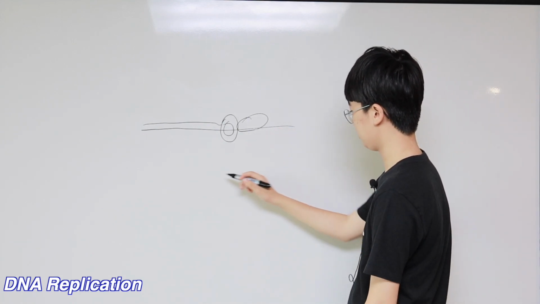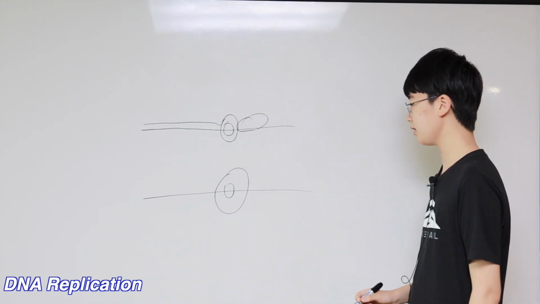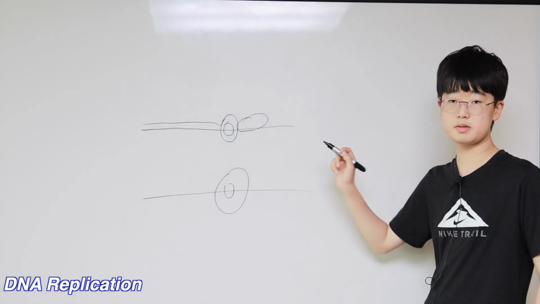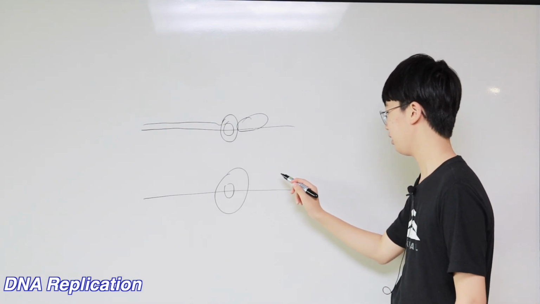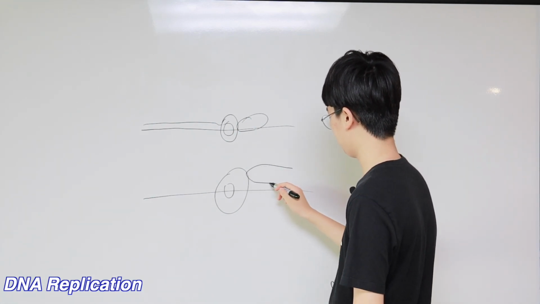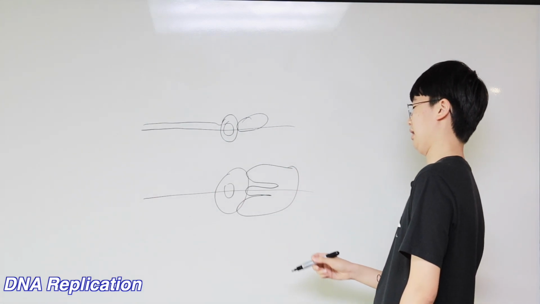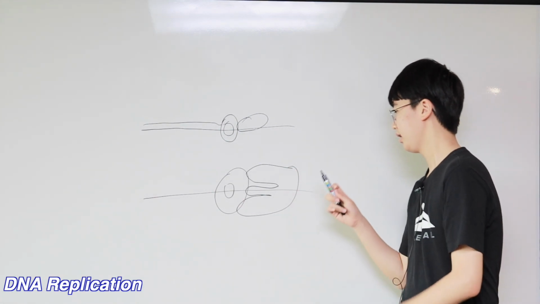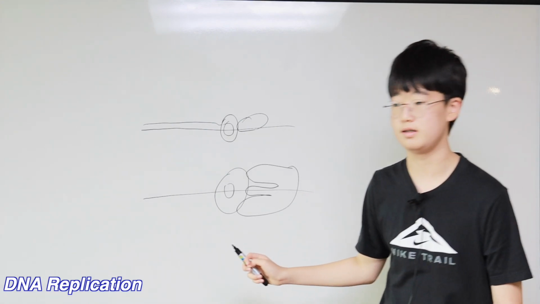And the sliding clamp protein, wait, let me draw a new one. The sliding clamp protein is bound to the DNA by, a horrible drawing, but a clamp loading protein.